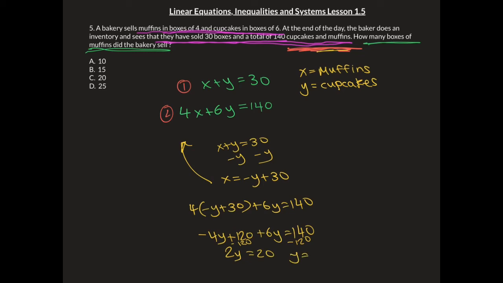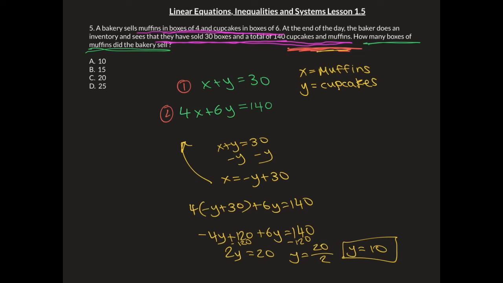And now y is equal to 20 over 2, so now y is equal to 10. So we've got a total of 10 cupcake boxes.